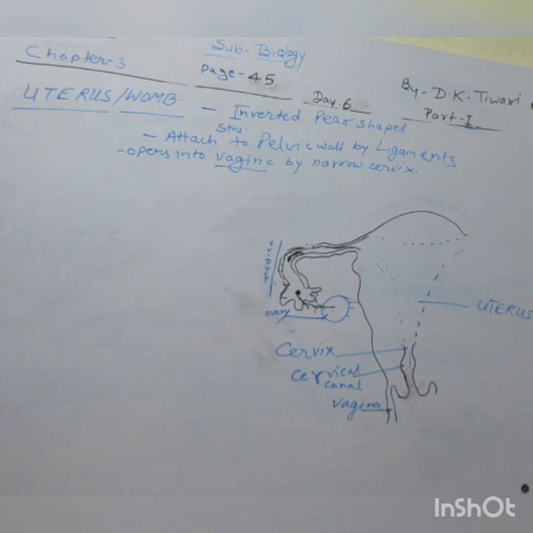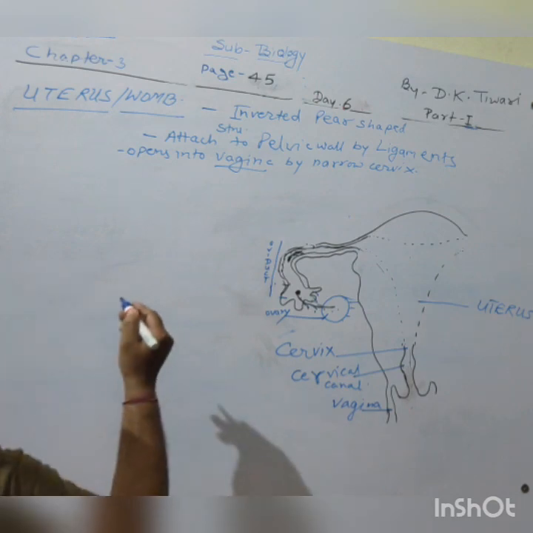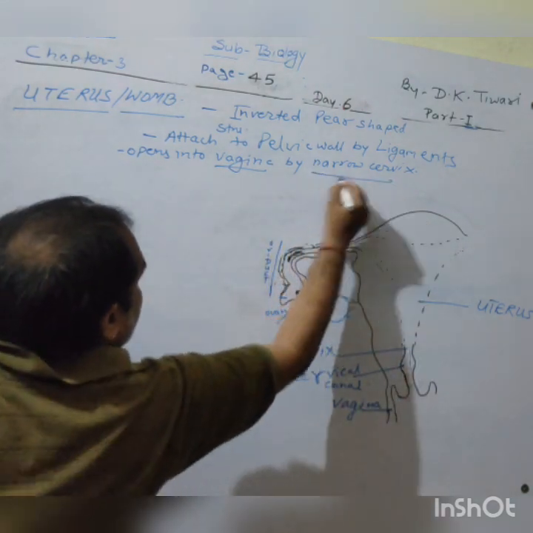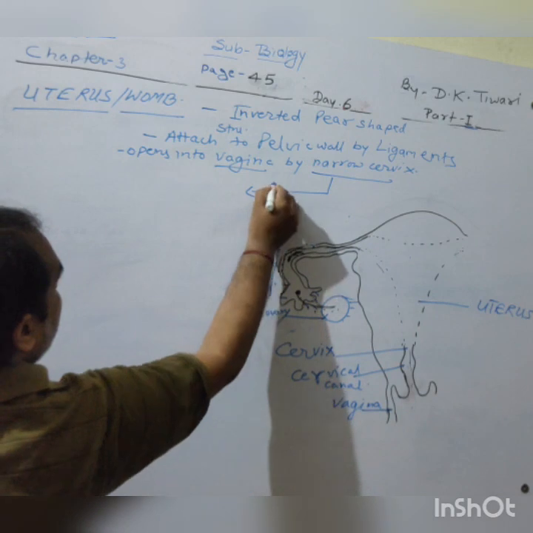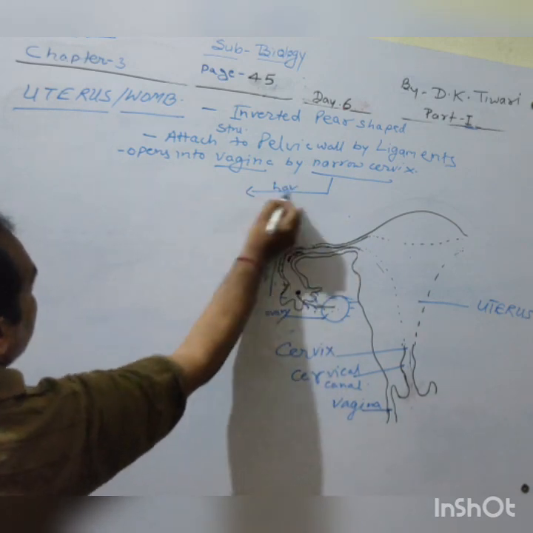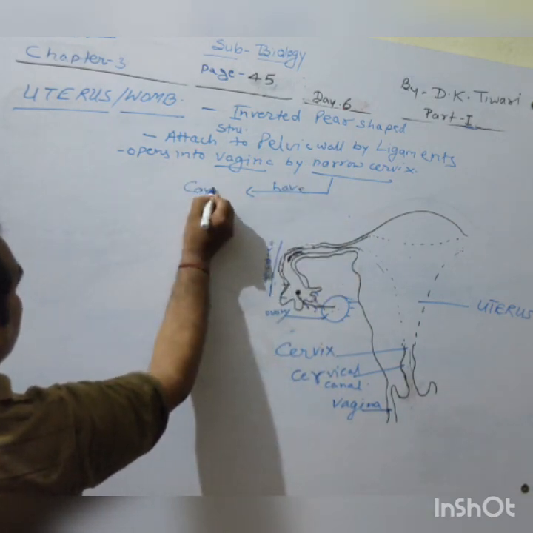So let's see the contents. It opens into the narrow cervix, and the narrow cervix has a cavity. What is that?